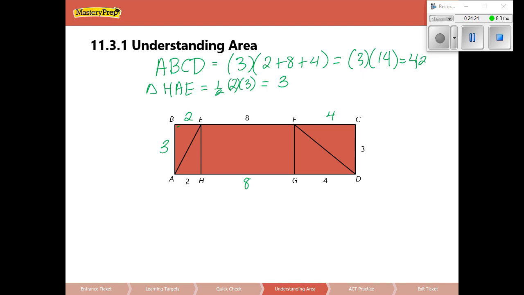Because our 2 times 1/2 is 1. And 1 times 3 is 3. What's the area of triangle BAE? Because those 2 triangles are the same.